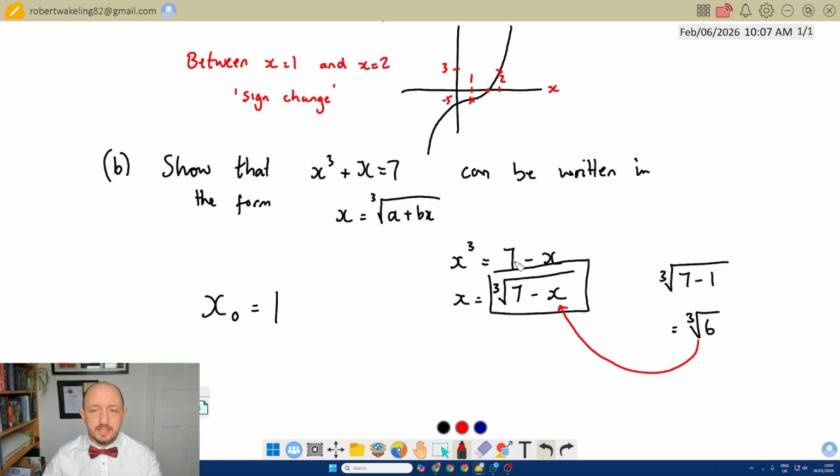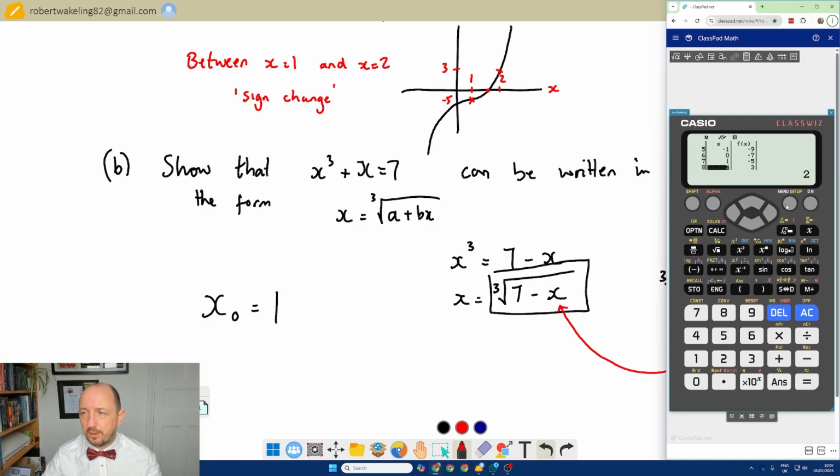Okay, so let's just get our calculator out and have a look at what that would look like. I want to do the cube root of 7 minus 1. 1.817. Okay, and then I do the cube root of 7 minus the last answer, because the ANS button is going to be your best friend for this topic. 1.73.